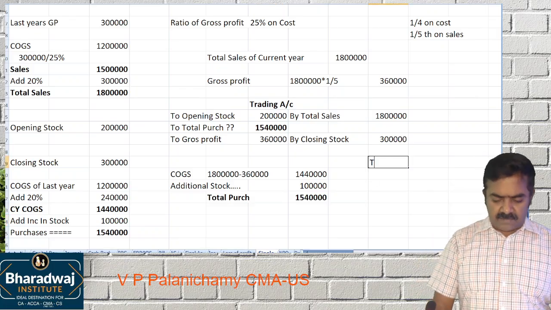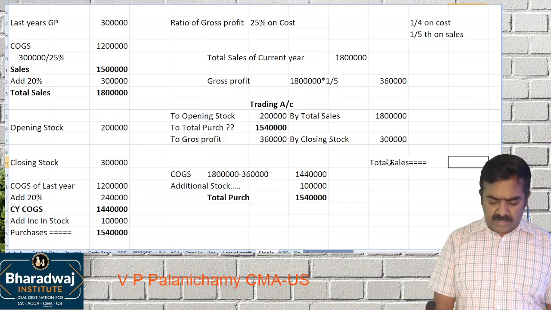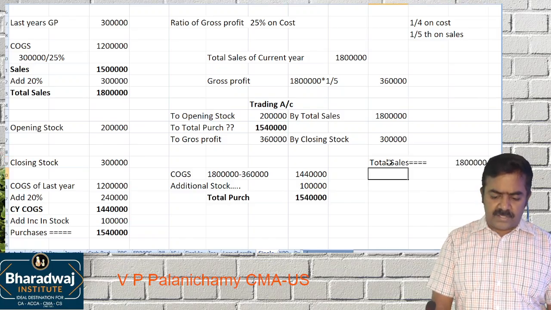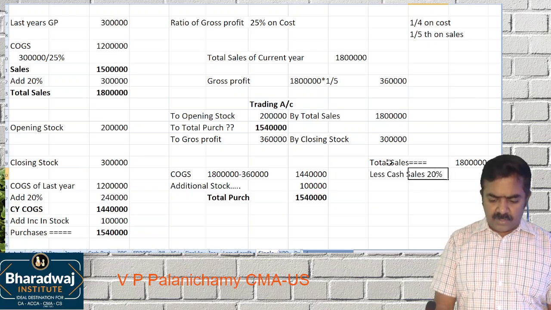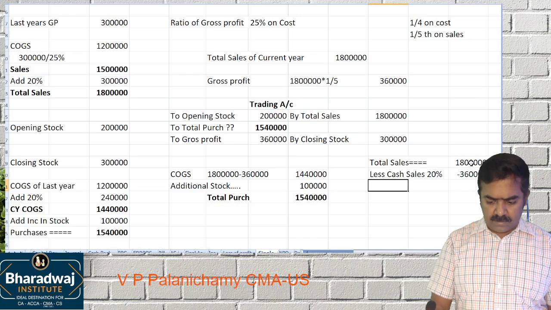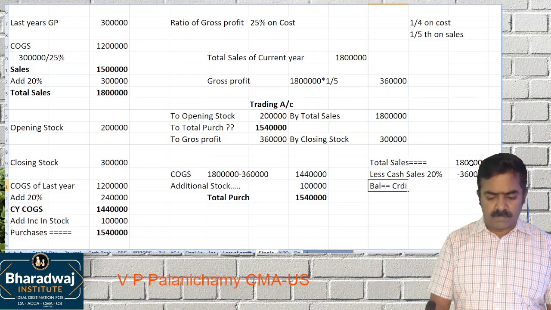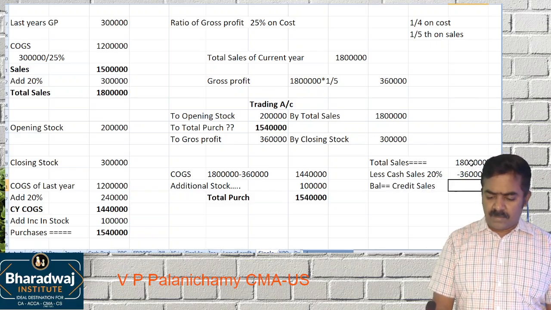What is the total sales of the current year? 18 lakhs, isn't it? Cash sales are given. What percentage of cash sales have they given? 20%. The balance is credit sales. 14 lakh 40,000 will give us credit sales.